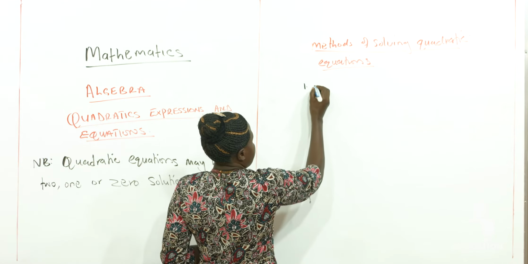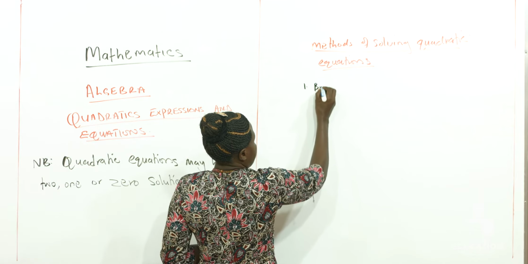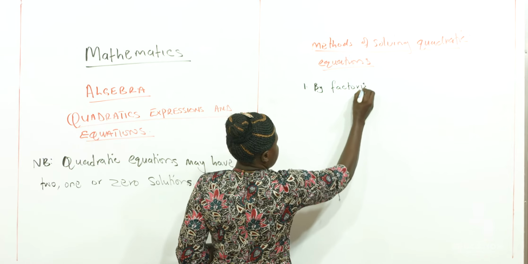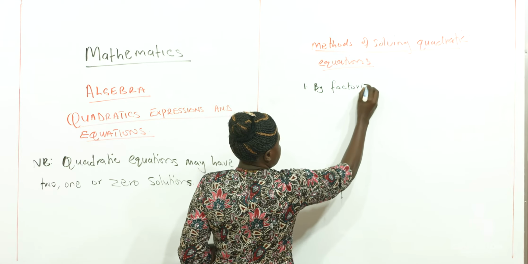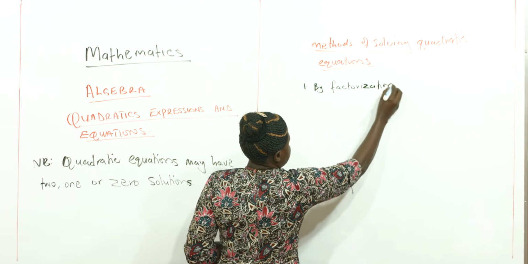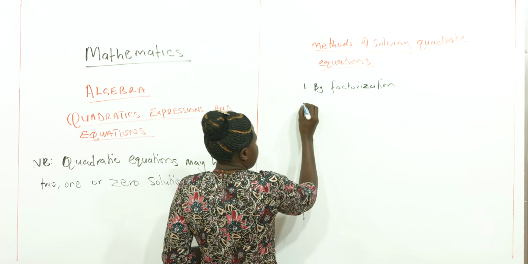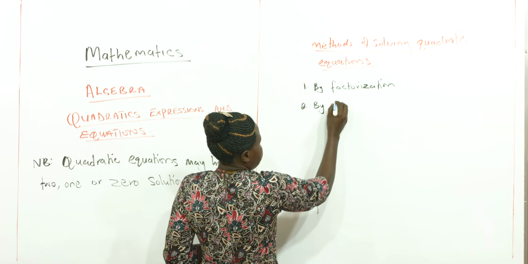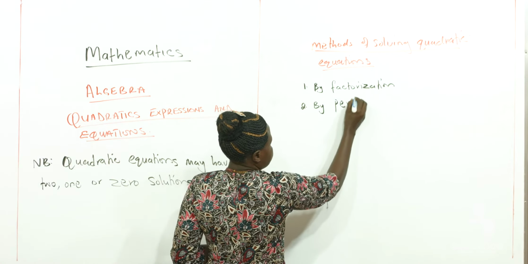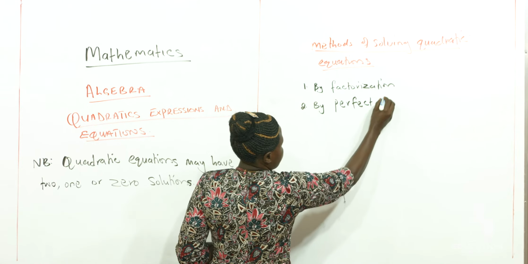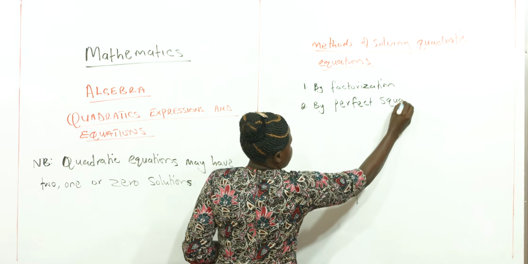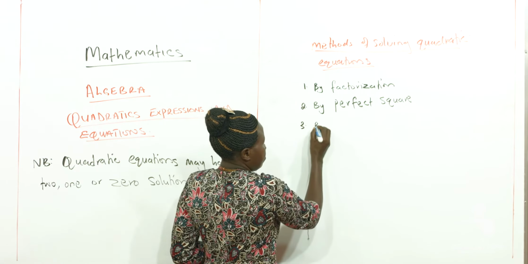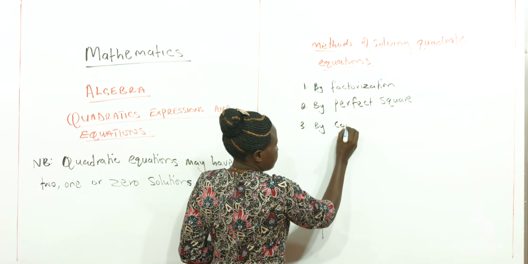One, by factorization. Two, by the perfect square method. Three, by completing the squares.